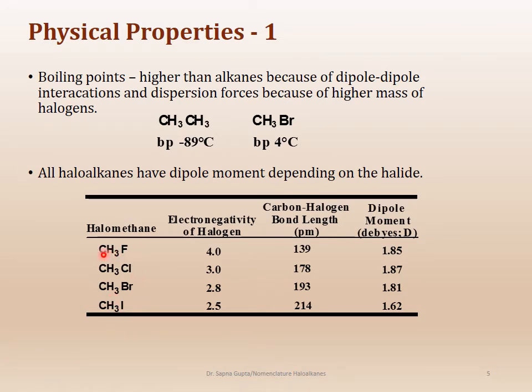Now, if we go from something like CH3F to CF4, tetrafluoromethane, then the dipole moment will be 0, but the molecule will still be polar in some ways. You will still experience some of the dipole-dipole forces in this case. So you have to understand those two aspects of haloalkanes.